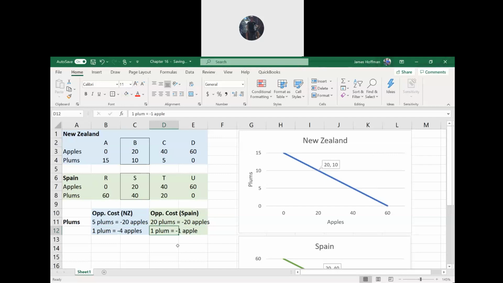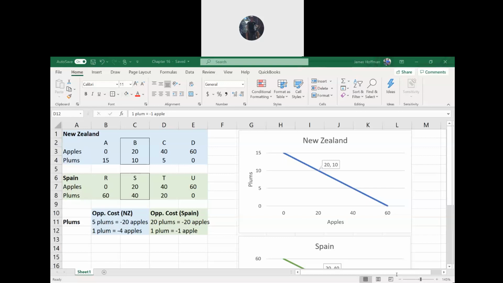Whoever gives up less in terms of the other good has the comparative advantage. So Spain gives up less in terms of apples. They only give up 1, whereas New Zealand gives up 4 every time.